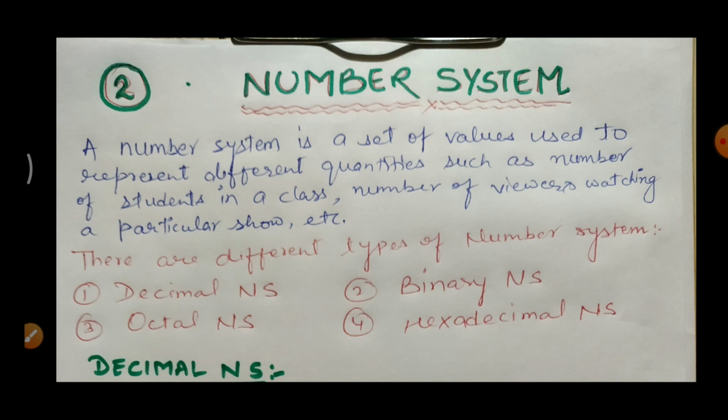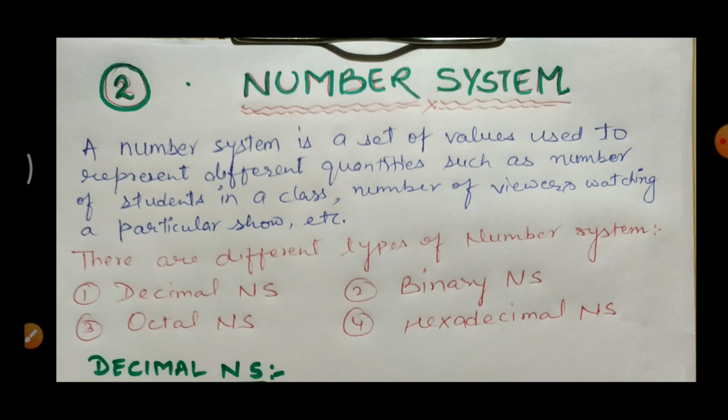The first question that arises in our mind is, what is a number system? So a number system is a set of values which is used to represent different quantities. Okay, the meaning of quantities is, for example, the number of students in a class, or the number of viewers watching a particular show.